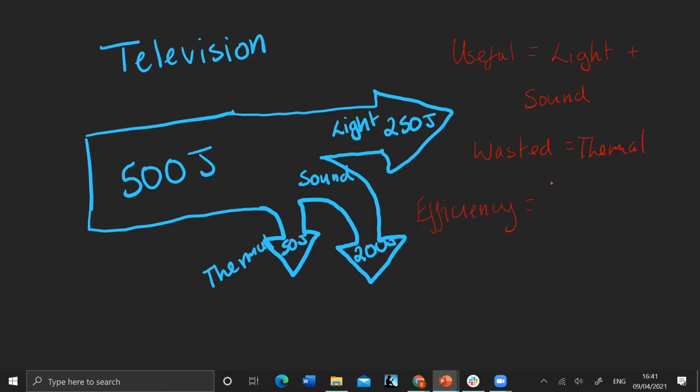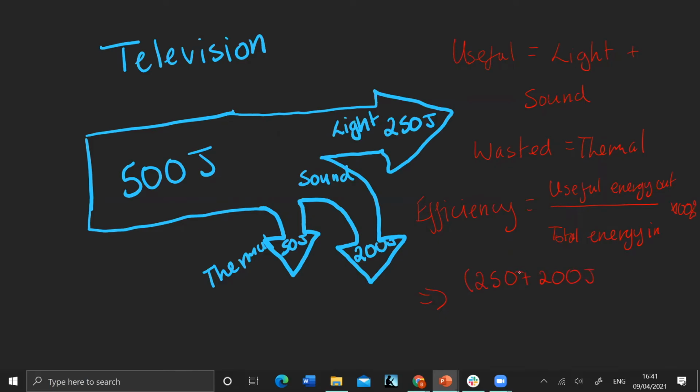So again, efficiency is useful energy out over total energy in, and we're going to times it by 100% to get a percentage. Let's write that out properly. Useful energy out, so it's 250 plus 200 joules.